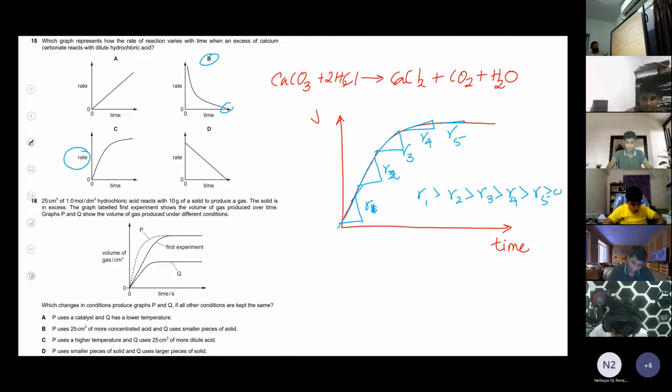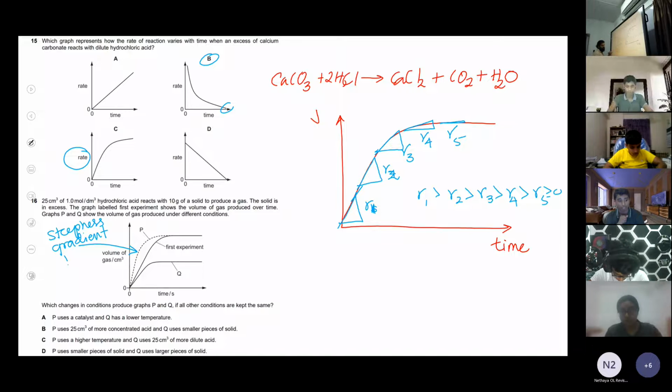In these graphs, now it's the volume versus time, right? The steepness or the gradient of the graph tells you the rate. The rate is affected by the factors affecting the rate of reaction.